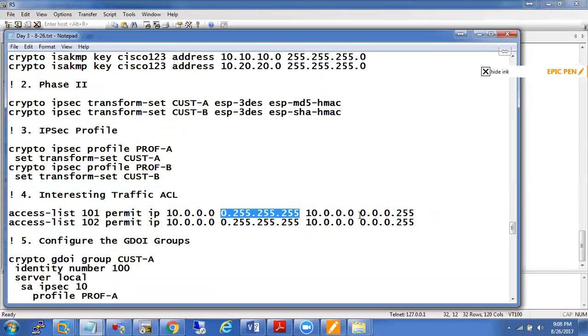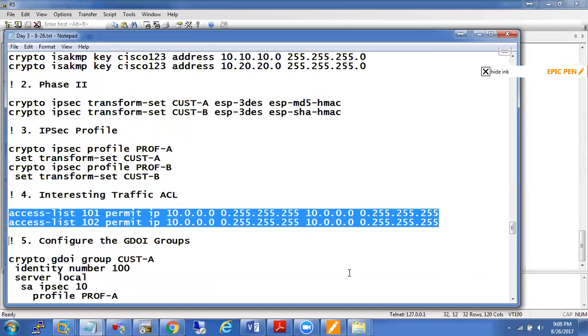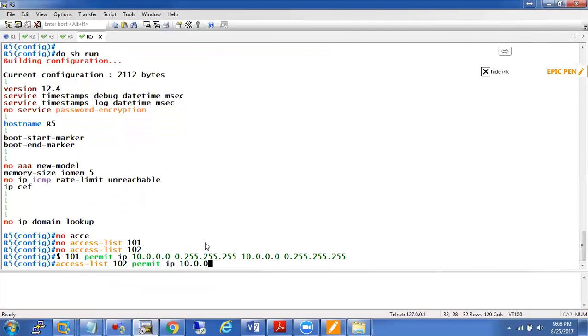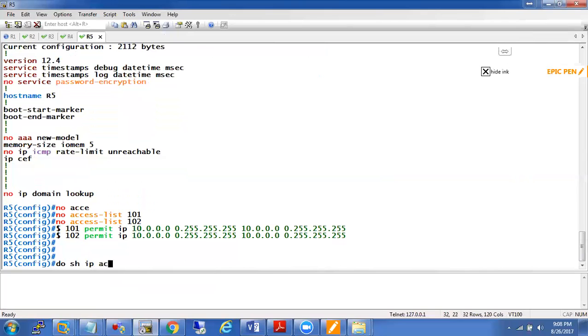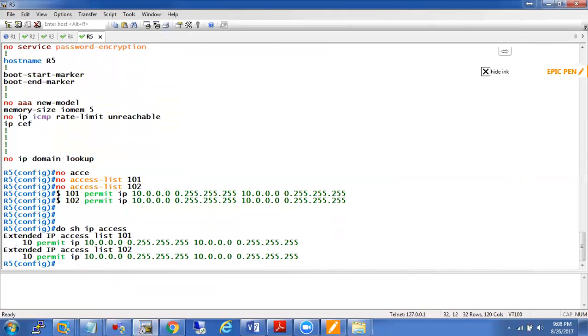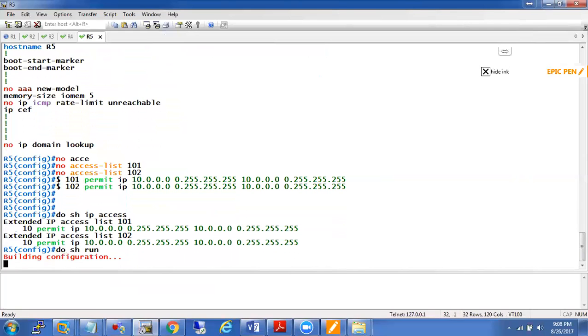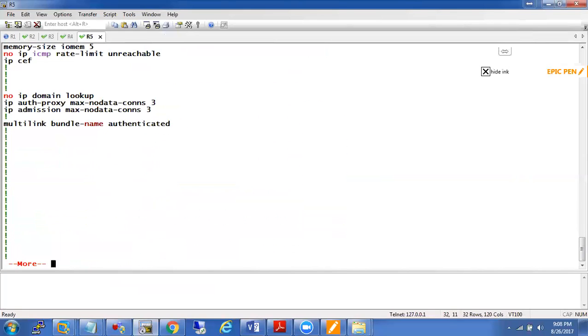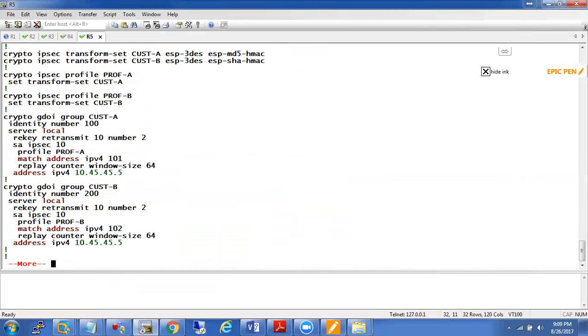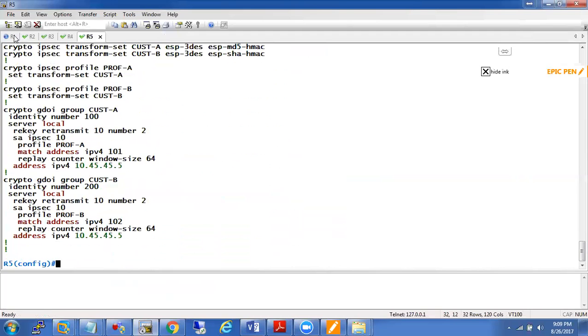This is what I want as my mask over here. Okay. My ACL should be okay now. No. Match addresses are still there.